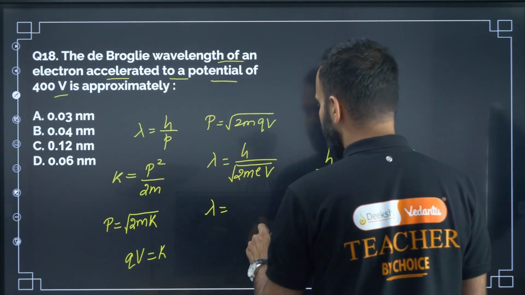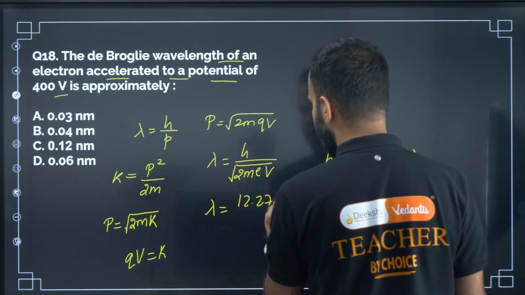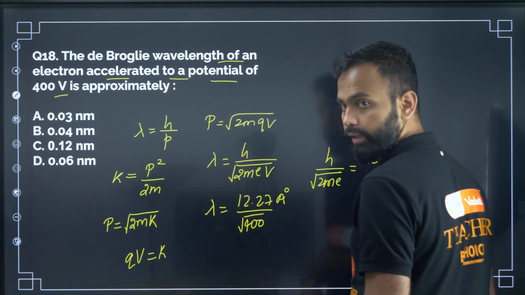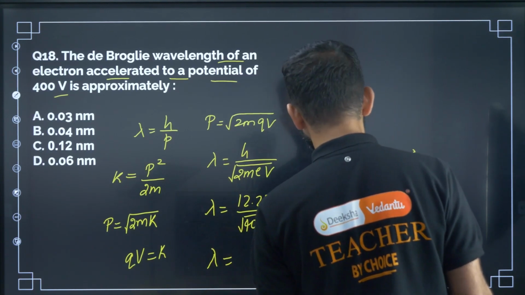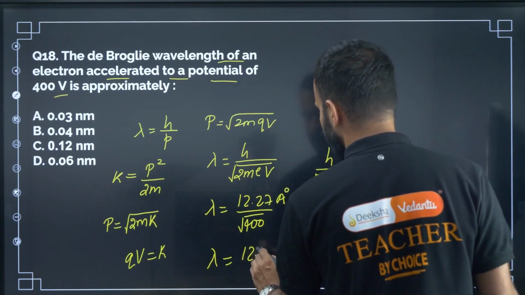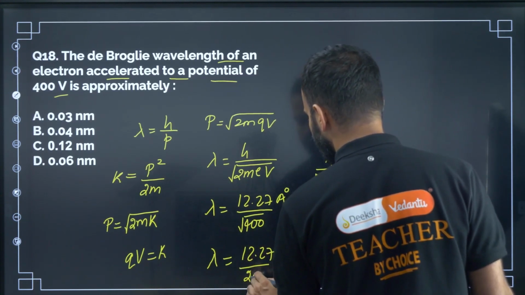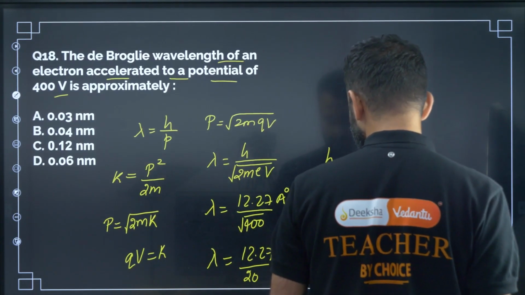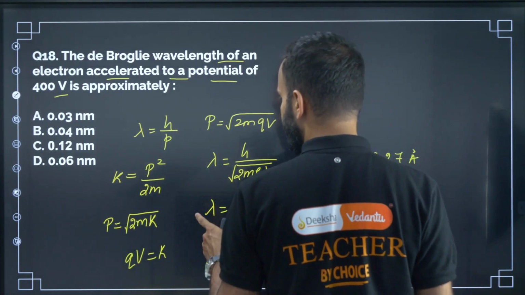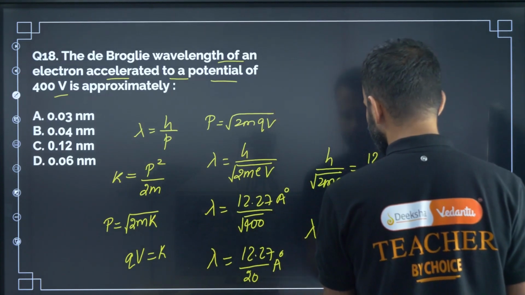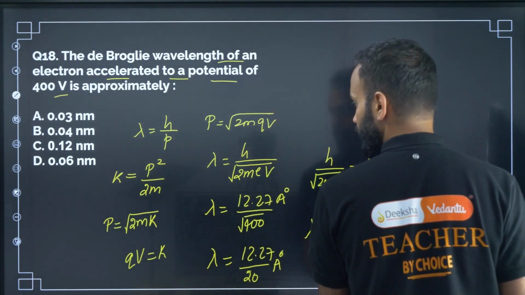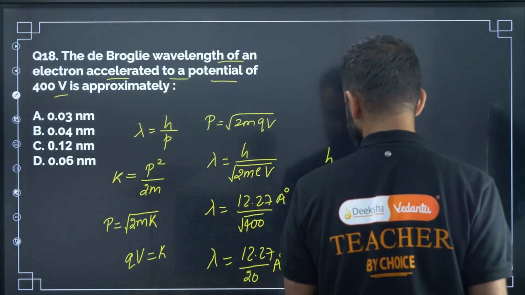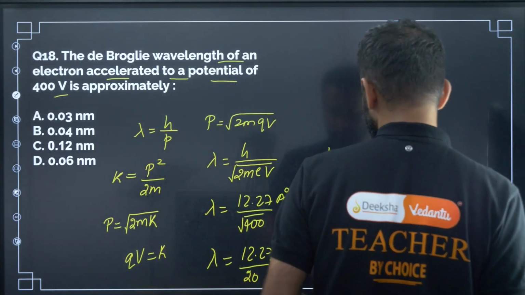Okay, so now lambda is equal to 12.27 angstrom divided by root of V, that is 400, right? Now lambda is equal to 12.27 divided by root 400, that is 20 angstrom. Okay, now solve this, you will get 0.06 nanometer. Understood? Yeah.